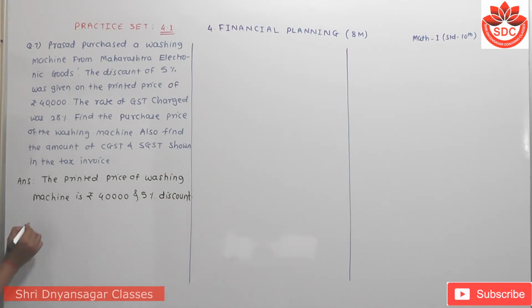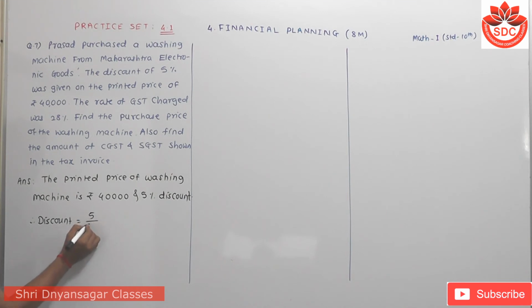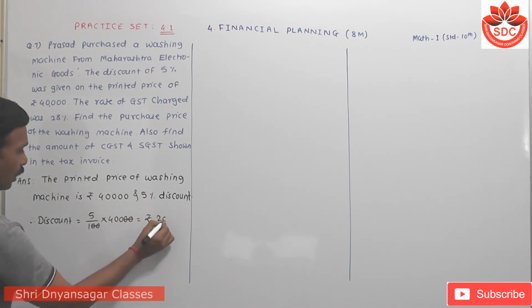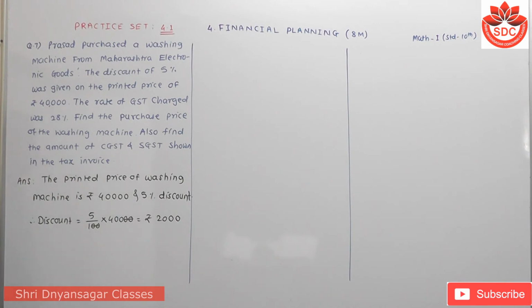Now student, therefore the discount is equals to 5%, that is 5 upon 100 into 40,000. These two 0 get cancelled, then 4 5s are 20 and these two 0. Means that 2,000 rupees is discount.